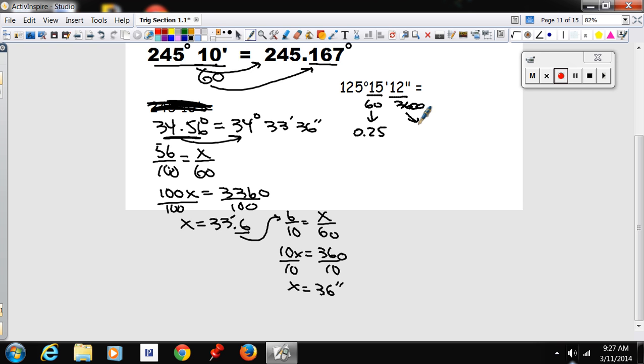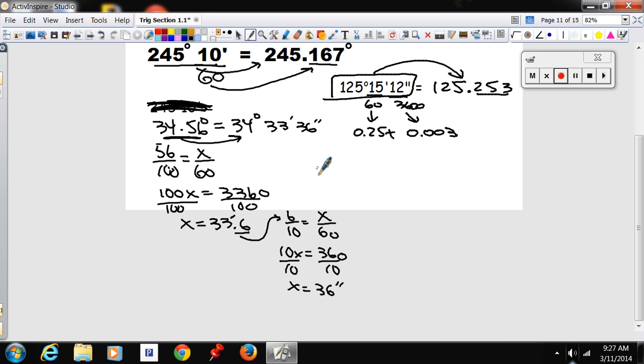This right here is going to give me 0.003. So what do you think my decimal is? 125 point what? What do I get when I put this 0.25 together with this 0.003? 0.253. So that would be your decimal.